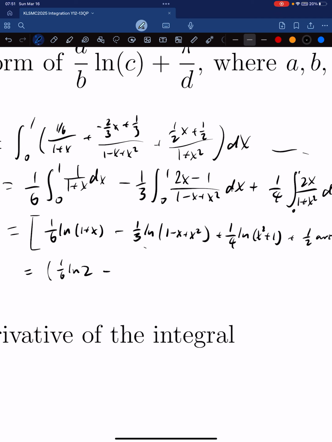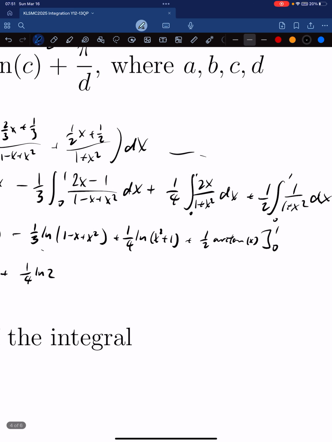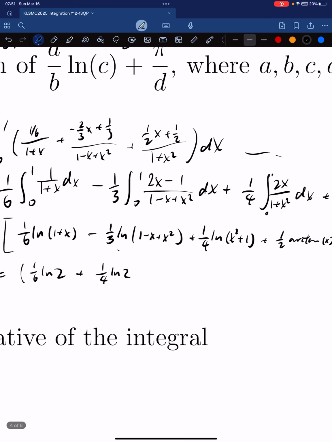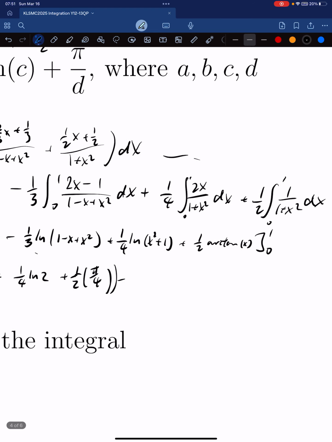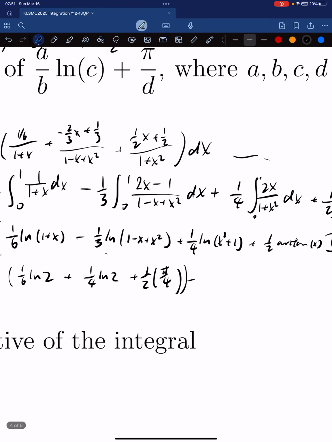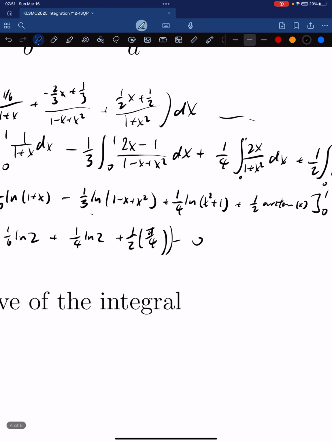Then plus 1 over 4 ln 2 because of this term. And arctan of 1 is pi over 4, so plus 1 over 2 times pi over 4. Minus, and if we substitute x equals 0, all terms will be 0.